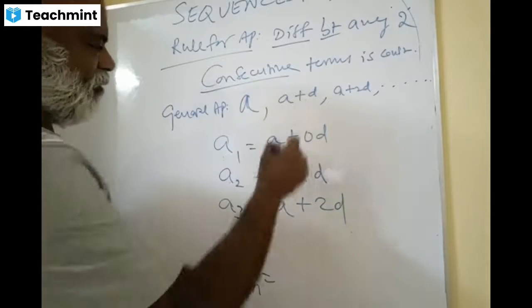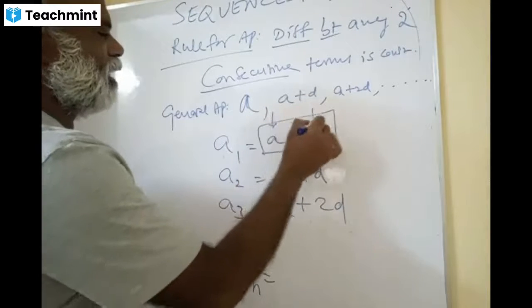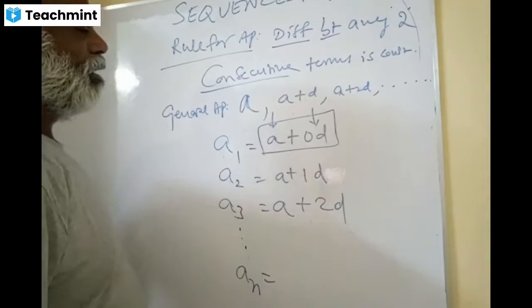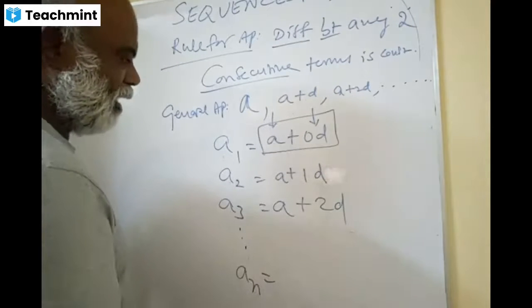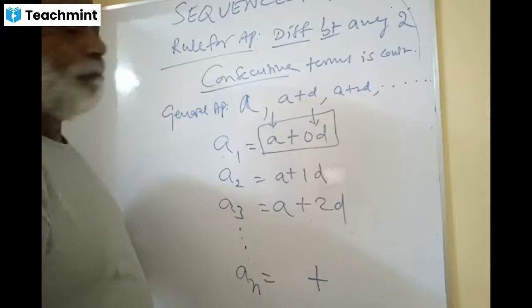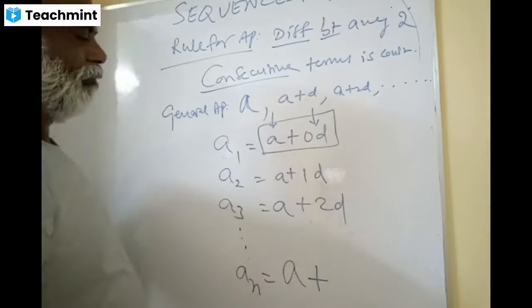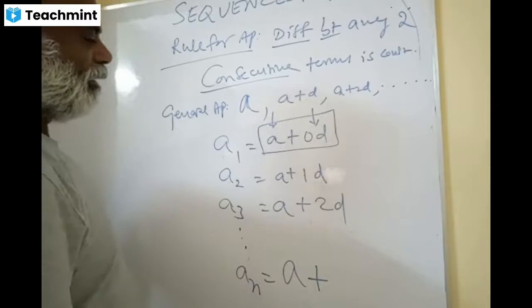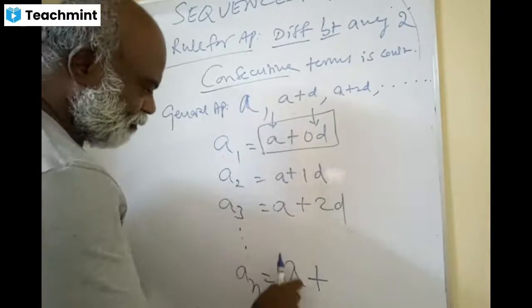Here, first, there are two components. This is the first component, this is the second component. The plus is a uniform sign across all, therefore first I put that plus sign. Then there is a, so write a here, a common constant across all.